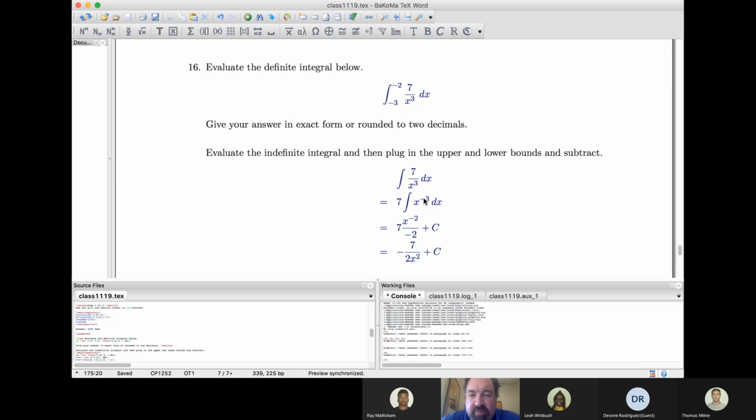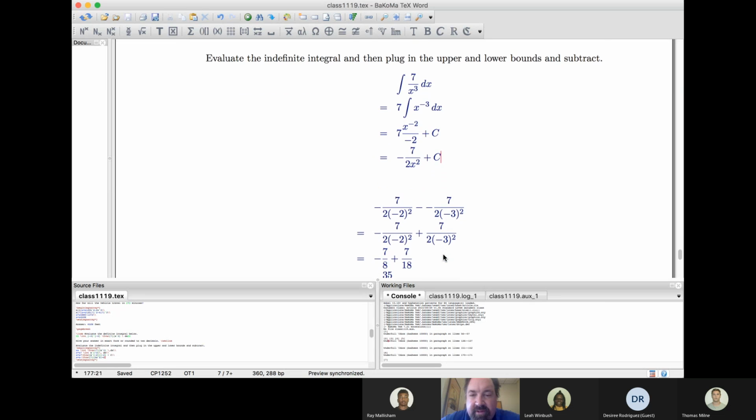Then when you apply the power rule to x to the -3, you get x to the -2 over -2. And then, again, this is optional, but you can rewrite that using a fraction, that x to the -2 up top is the same as x squared down below. So here we have our indefinite integral.